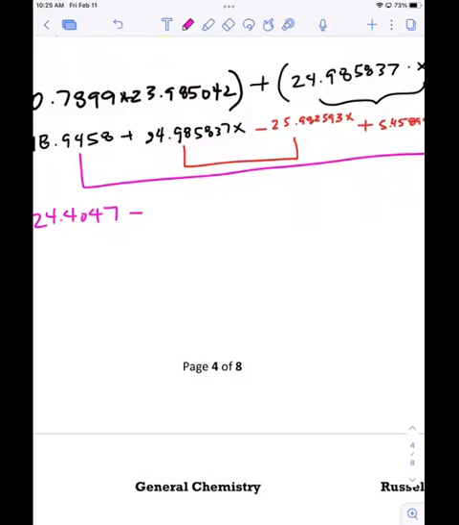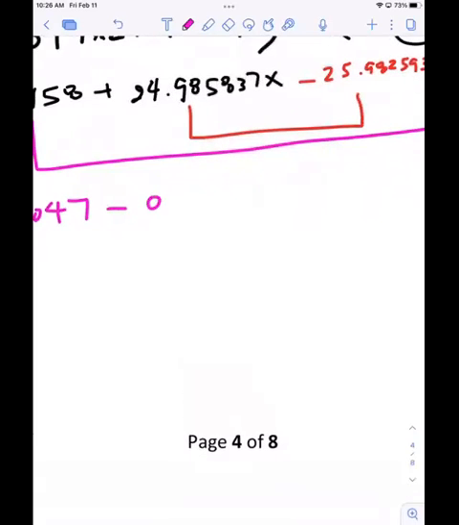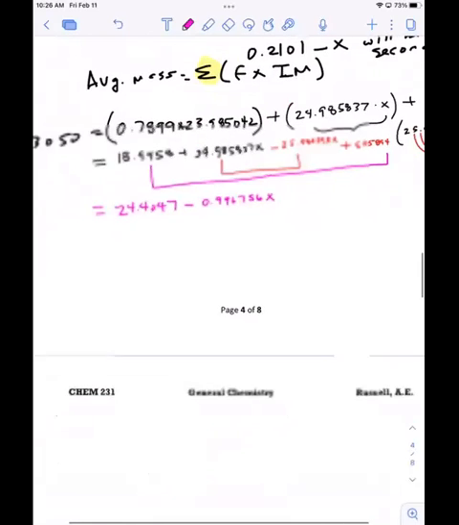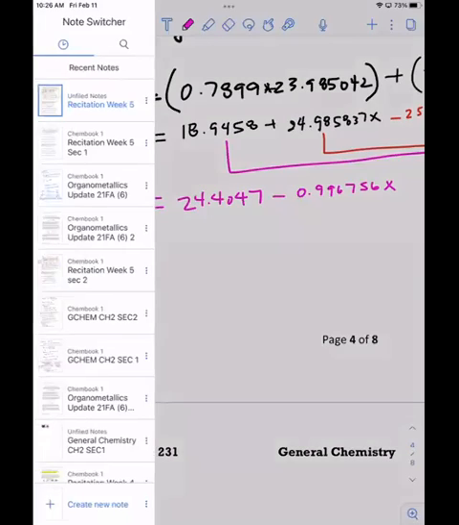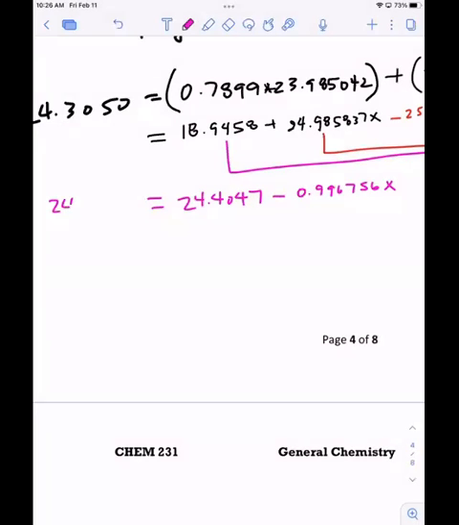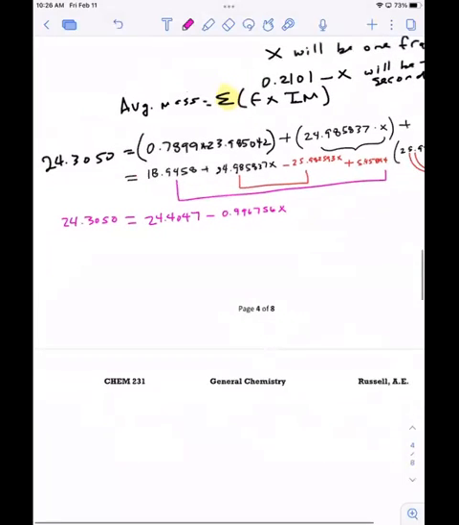And that's going to be minus 0.996756X. Yes or no? And all of that's going to be equal to 24.3050. Can't lose sight of that part.